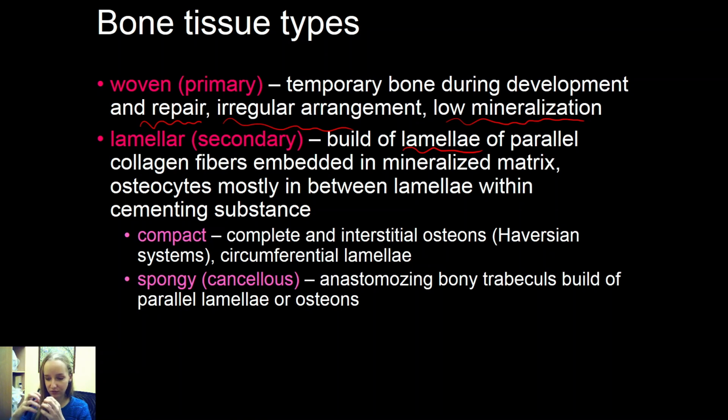But they're just like these trabeculae. It's not so compact. There is much more space in between these trabeculae than in compact bone. And we're going to have a look at them.